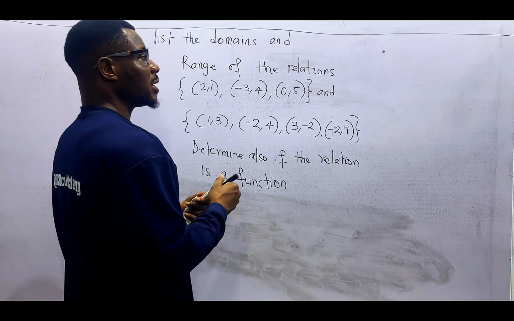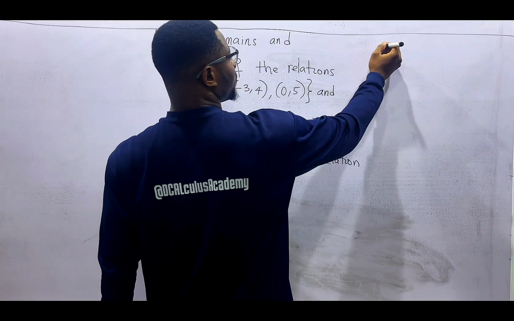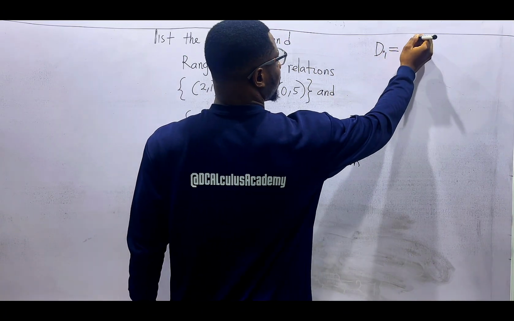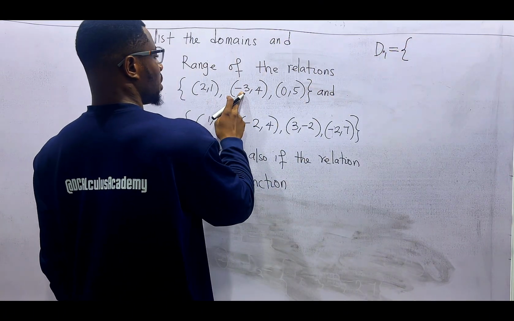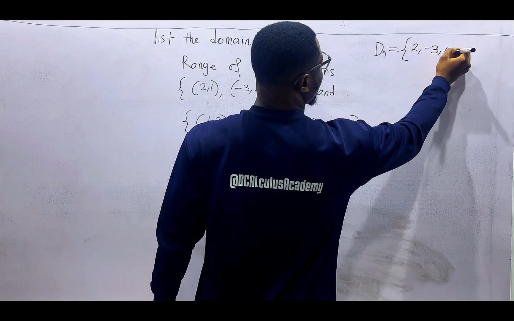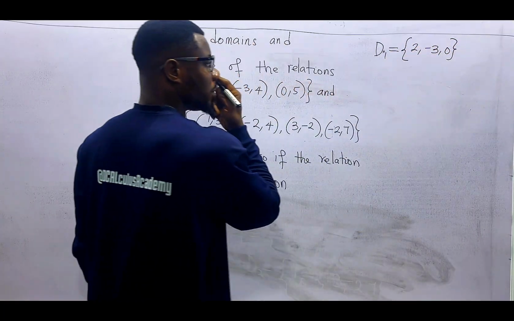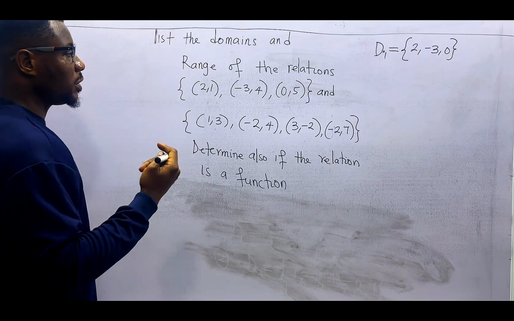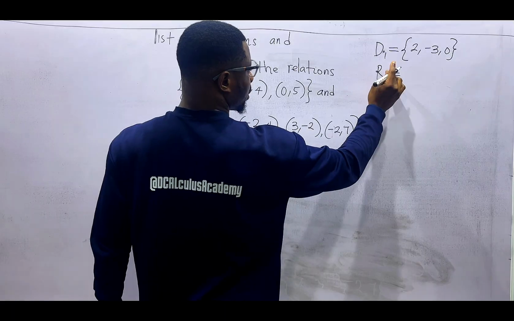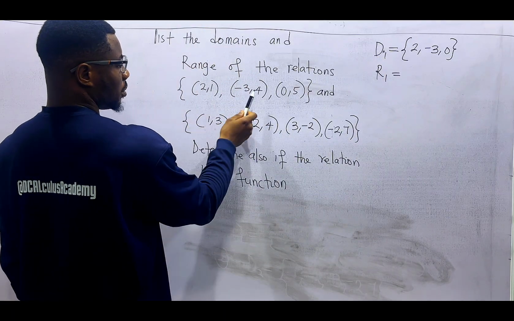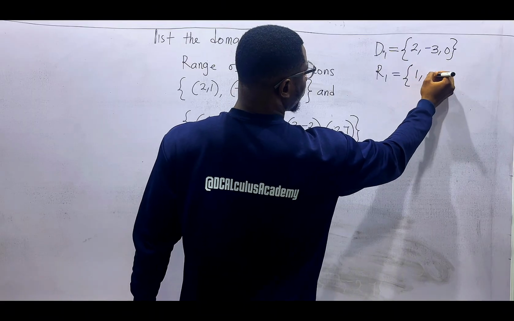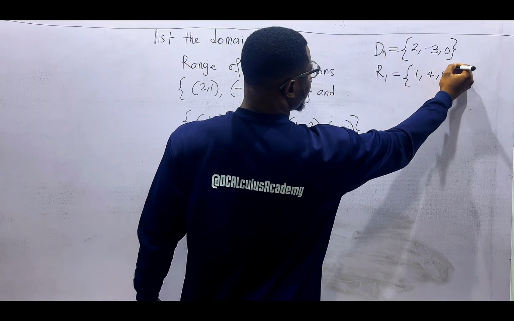So the domain for the first relation would be 2, minus 3 and 0. Then the range for the first relation should be 1, 4, and 5.